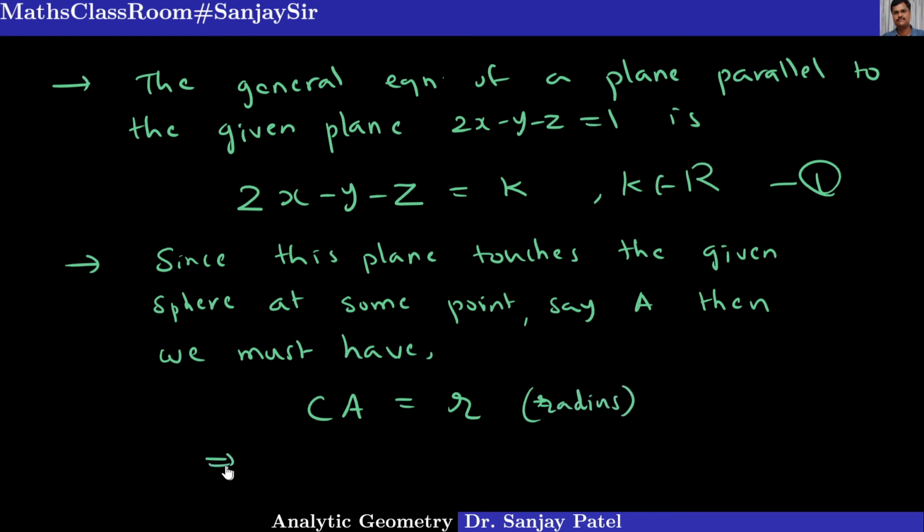That is, CA is equal to R. What is R? R, we have obtained, is 3.